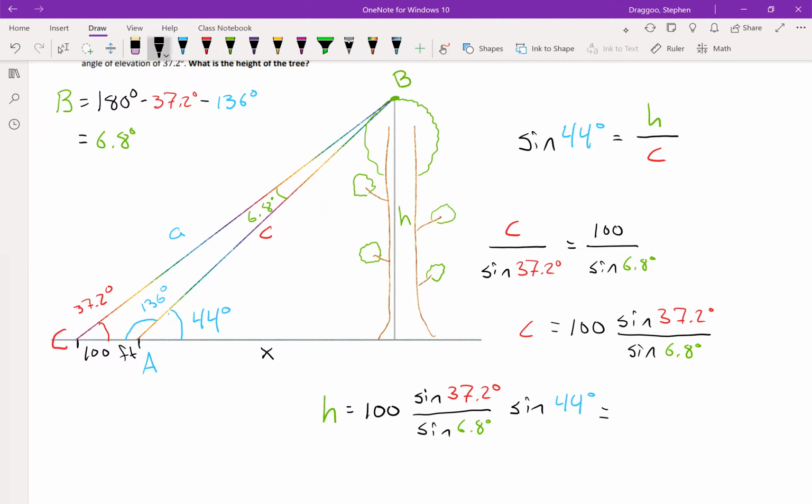Doing so means that this height comes out to 354.7. And we were measuring in feet.